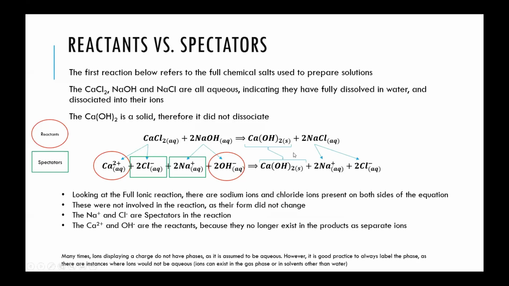So in the reaction itself, there was the calcium chloride and the sodium hydroxide giving way to calcium hydroxide and sodium chloride. You notice that all of these have a phase on them. The calcium hydroxide ends up being a solid, but I listed all of the other species as aqueous.